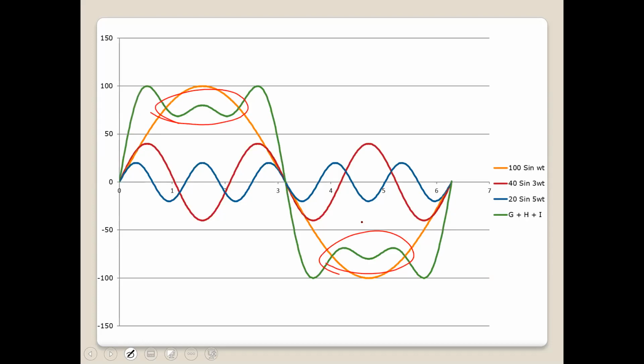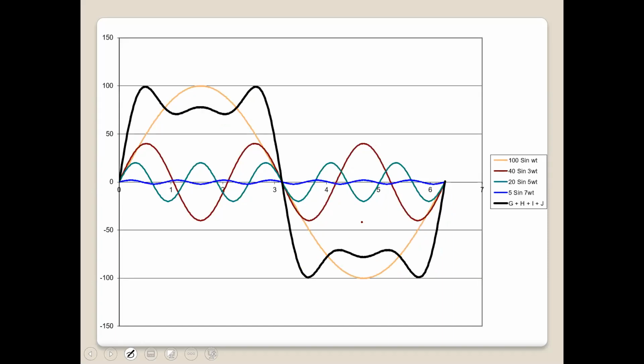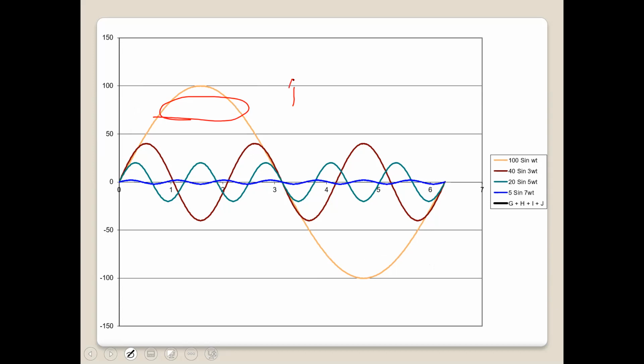As I said, however, when I add the fourth, it may not be very clear because of the small amplitude of the fourth. However, what you would not be able to determine just looking on is that this section actually goes up a little. All right.